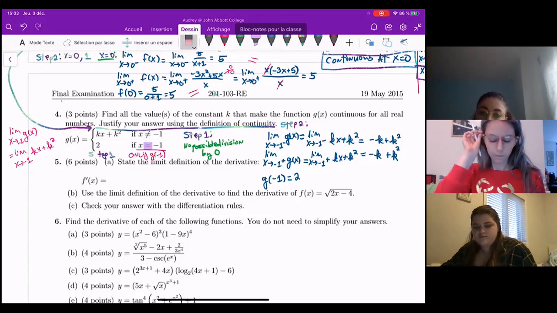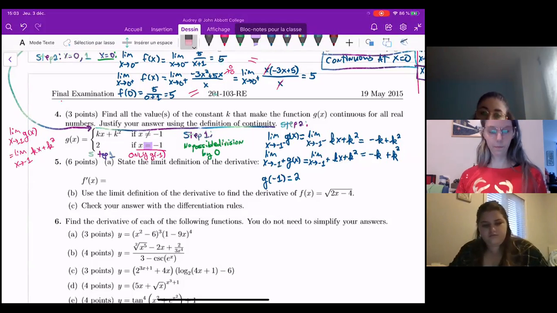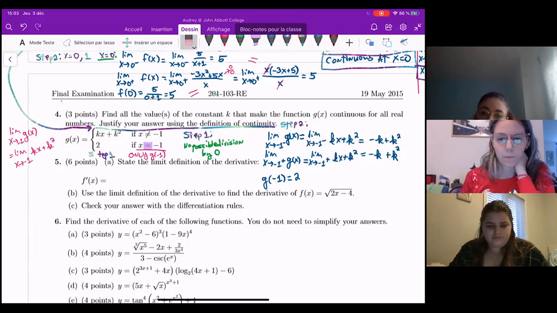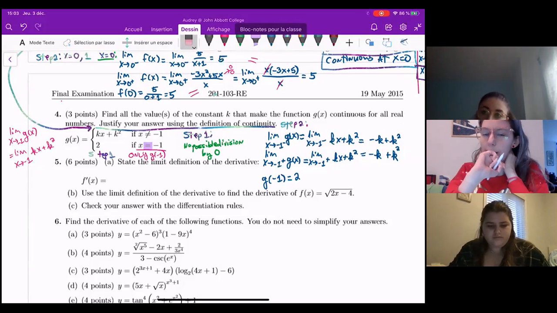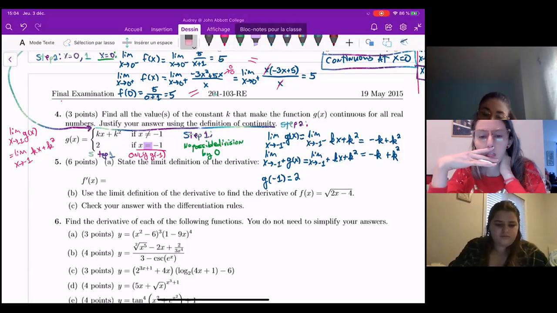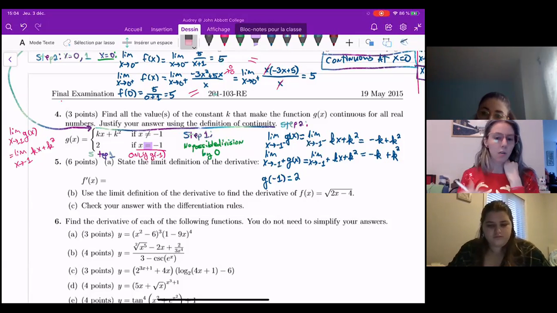Now what do I do? I don't have an equation yet, so I can't just solve for k. The left and right-handed limits are already equal to each other in this one, so I'm not setting the left limit equal to the right limit.